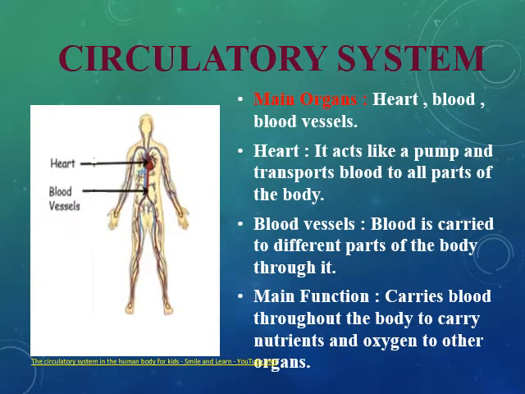Let's study the next organ system, and that is the circulatory system. The main organs that form the circulatory system are the heart, blood and blood vessels. So let's see the function of each organ. First one, heart.